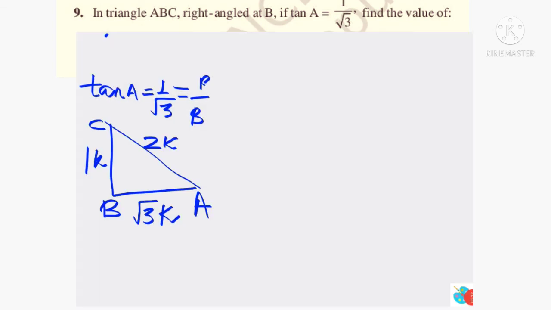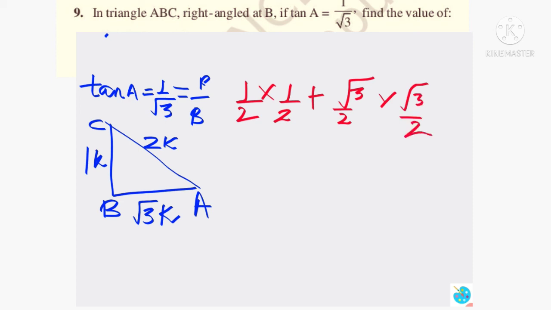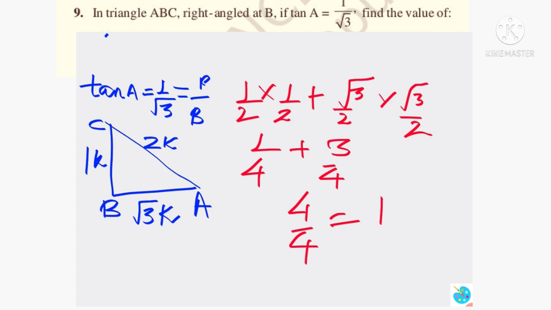I hope you had noted the values. Now let us put in the values. Sin A, so I have 1 by 2 into cos C, it is also 1 by 2, plus cos A, that is root 3 by 2, into sin C, it's again root 3 by 2. Now I am just required to simplify this. I get 1 by 4 plus root 3 into root 3 is 3 by 4. So this gives me 4 by 4, that is 1 as the answer.